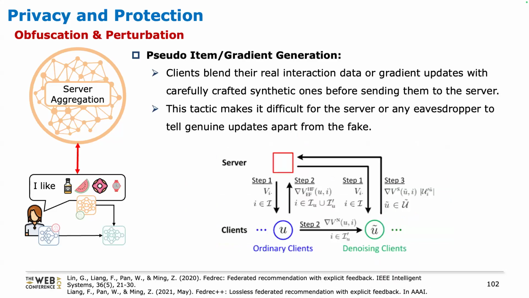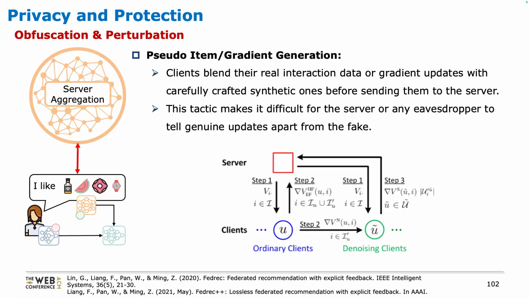Another lightweight trick is to mix in fake data or fake gradients with the real updates before sending anything to the server. In this pseudo-item or gradient approach, each client crafts synthetic interactions or gradient vectors that look plausible, and then blends them with the real ones.